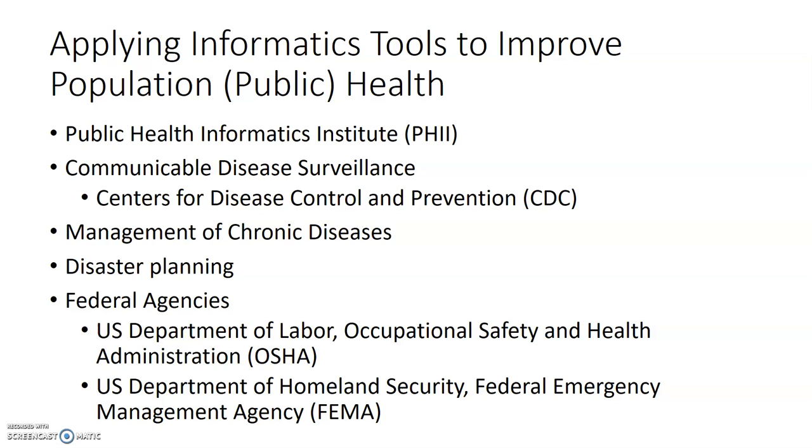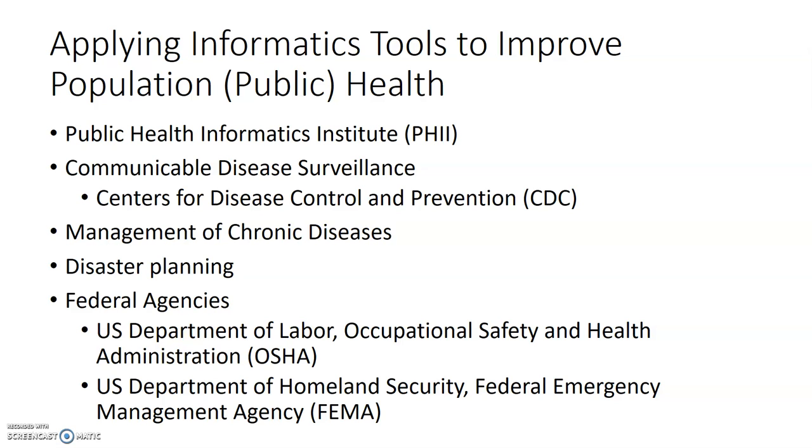For example, in times of man-made or natural disaster, lack of water, food, or proper sanitation can lead to communicable disease outbreaks. Collecting real-time information from a disaster site helps in preparing and responding to the current or to future disasters. Your chapter discusses disaster planning and communicable disease surveillance in more detail.